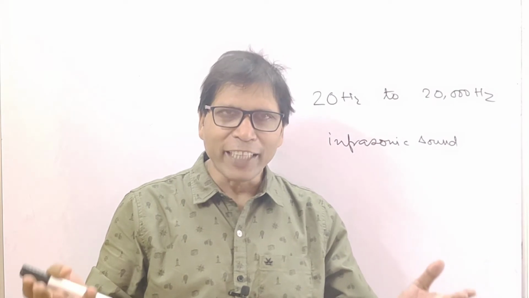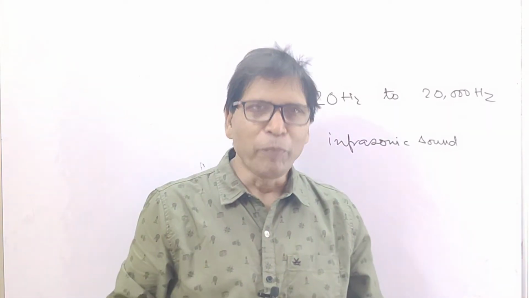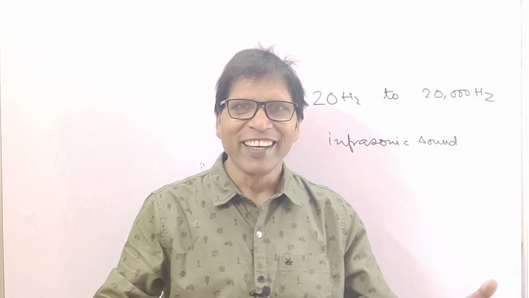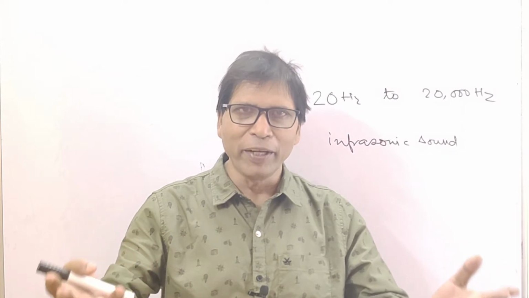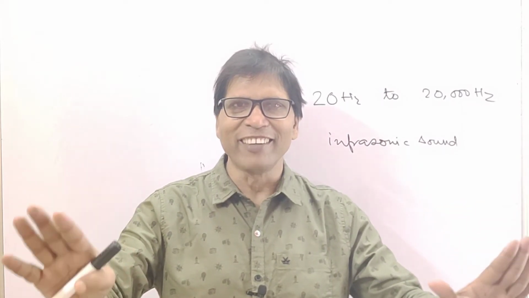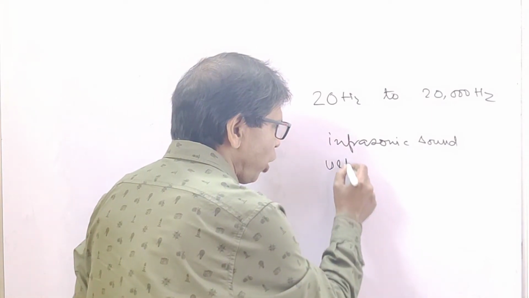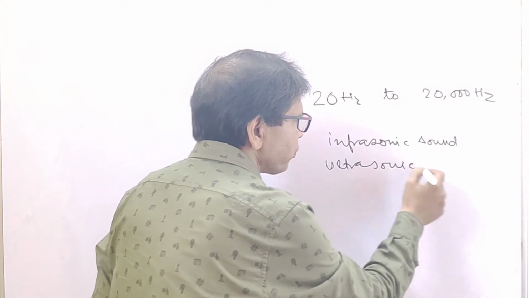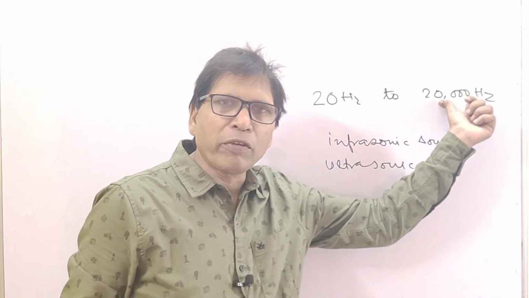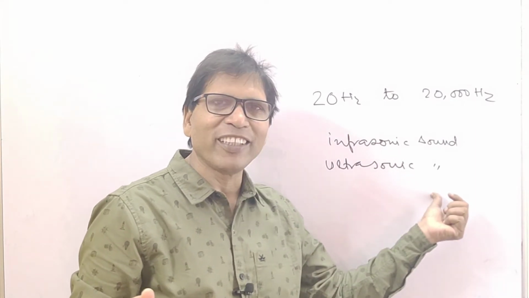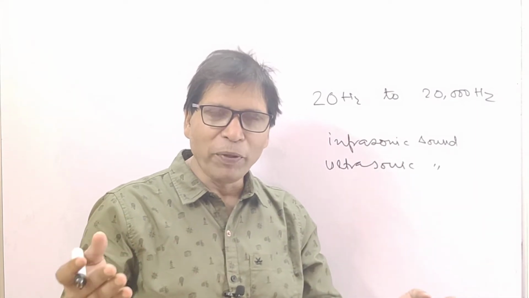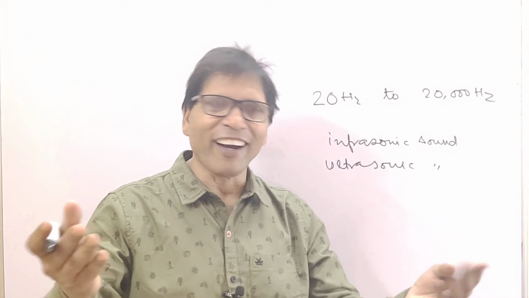Some animals get disturbed before an earthquake because an earthquake produces infrasonic sound before the main shock waves. The infrasonic sound produced by the earthquake alerts the animals which can hear it. Now ultrasonic sound. Sound of frequency more than 20 kHz is called ultrasonic sound. Bat and dolphin hear this ultrasonic sound.